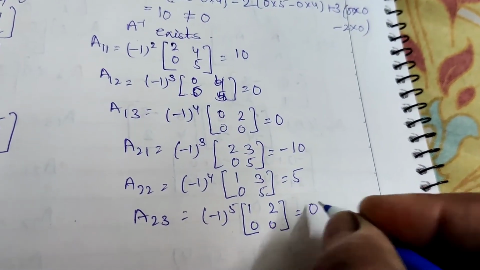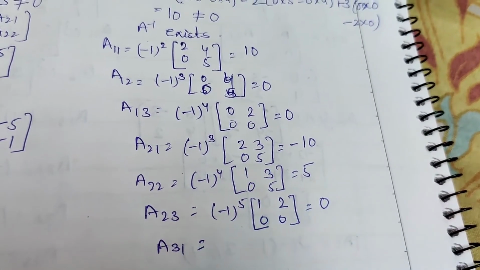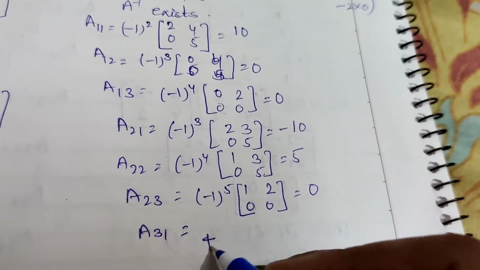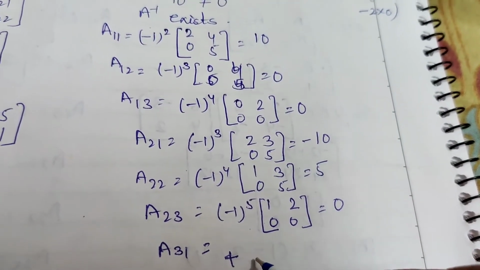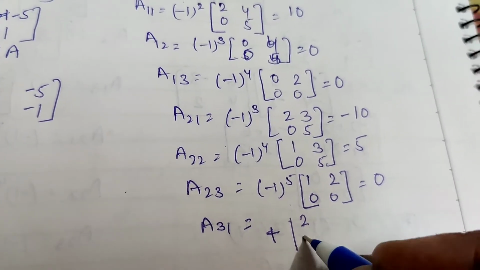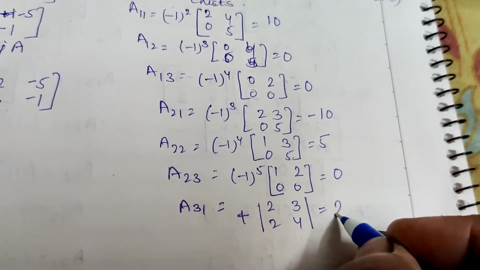It is 0. Now A31, third row first column, plus: 3, 2, 2, 3, 4. It means 8 minus 6 is 2.